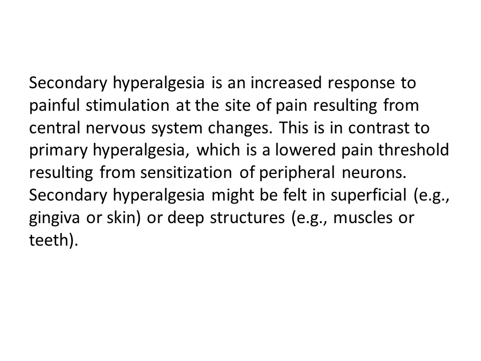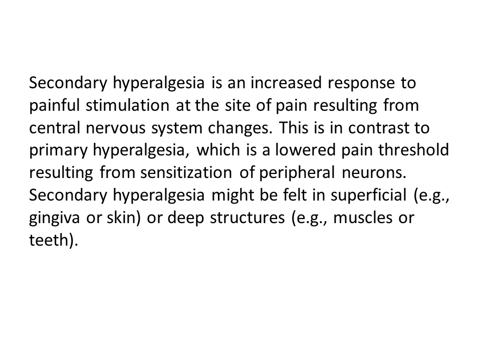and then regulate that. The secondary hyperalgesia we were talking about is an increased response to painful stimulation at the site of the pain, resulting from central nervous system change. In contrast, the primary hyperalgesia is a lower pain threshold resulting from the sensitization of the peripheral neuron.